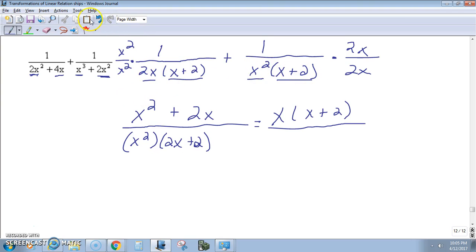Did you see that? What did I do wrong? I'm sorry. It's late. This is the last one I'm going to make tonight. My denominator is x squared times x plus 2 times 2x. Okay.